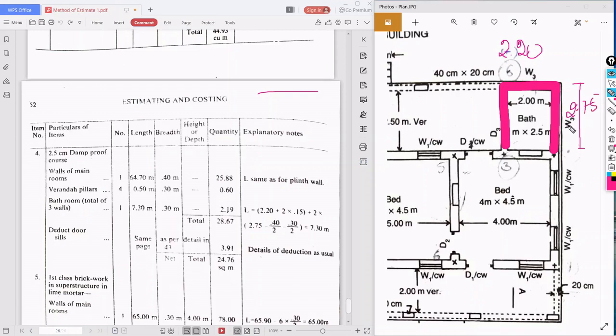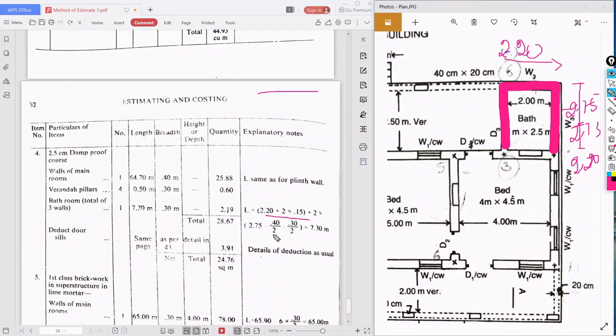So 2.75 plus 2.75 plus 2.20, here 2.20 plus 2.75. This is the length of the three bathrooms. So 2.20 plus 2 into 2.75.